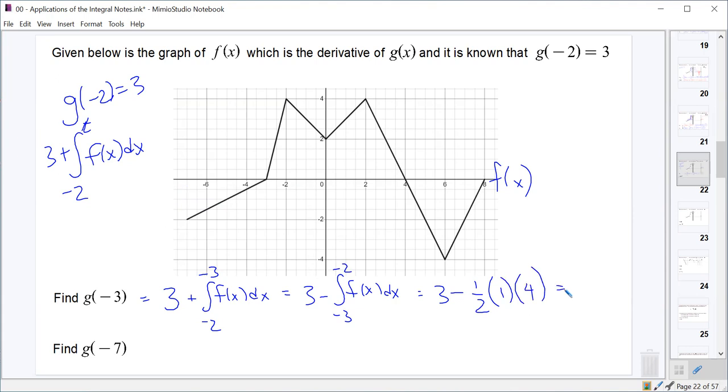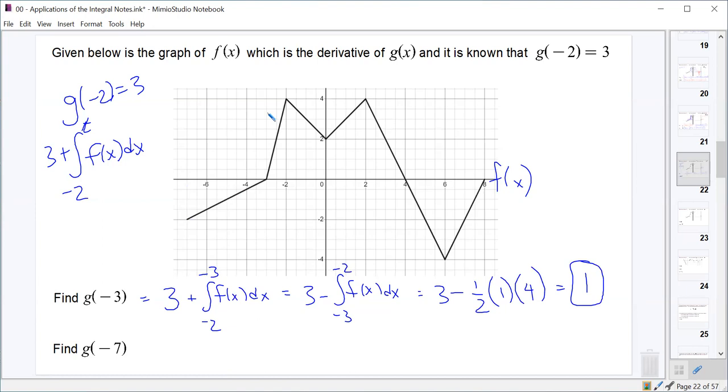So we end up getting 1. So the value of g of -3 is just 1, which should make sense because if we integrated from over here somewhere to get all the way to -2 and it was equal to 3, well, if we didn't quite go that far, we should be subtracting off this amount, which was that 1/2 base times height, that value of 2.